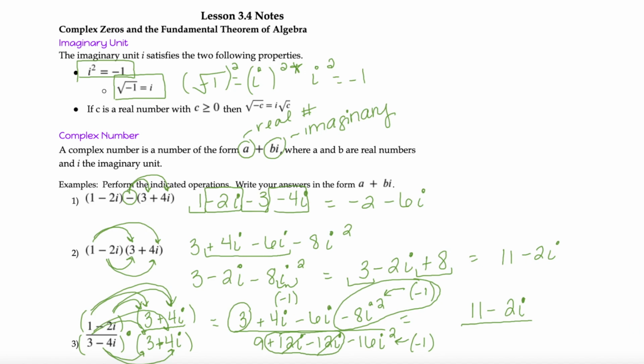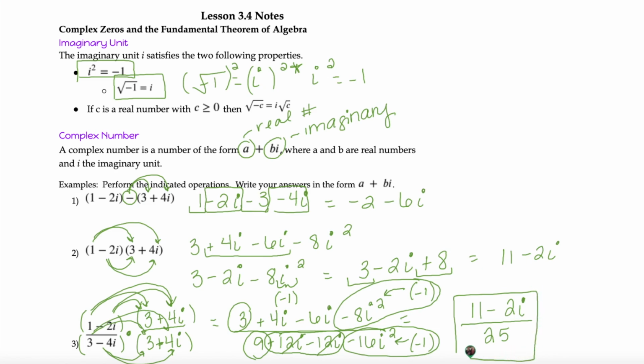I will also have 9 plus 16, since negative 16 times negative 1 is positive 16. Therefore, I have a positive 25. We've been able to use the conjugate to eliminate the imaginary number in that denominator. So our simplified form is 11 minus 2i over 25.